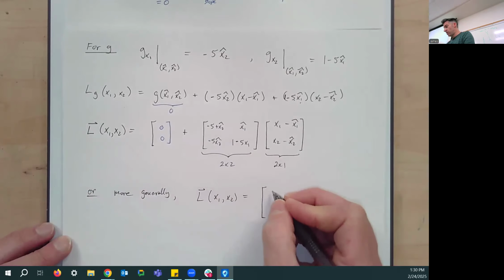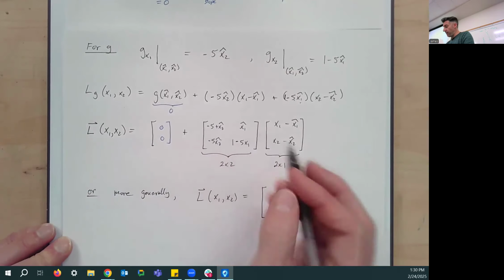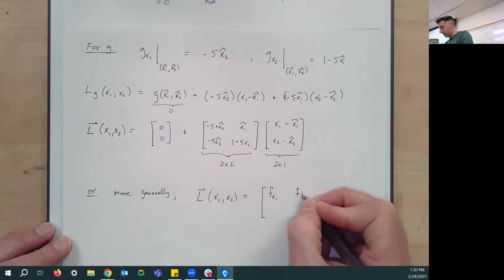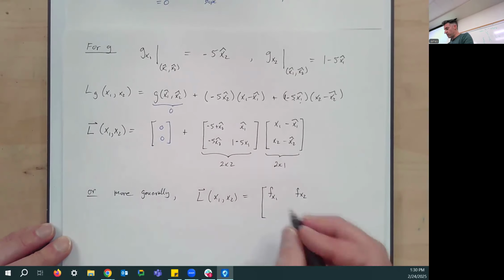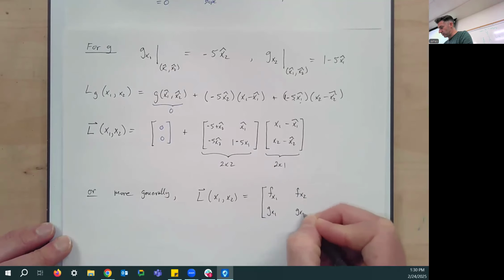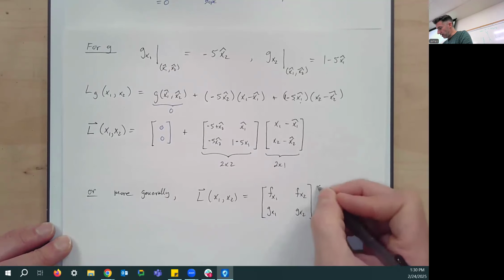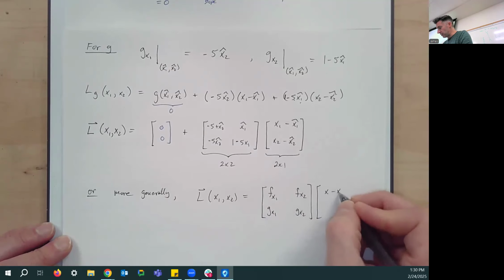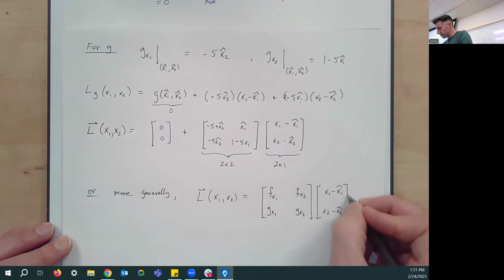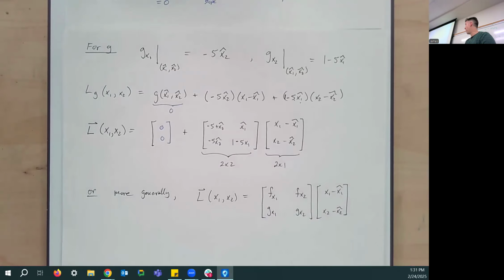In the first row, it's the partials of f: f with respect to x1, f with respect to x2. In the second row, it's the partials of g: g with respect to x1, g with respect to x2. Multiplied by x1 minus x1 hat, x2 minus x2 hat. That is your general linearization.